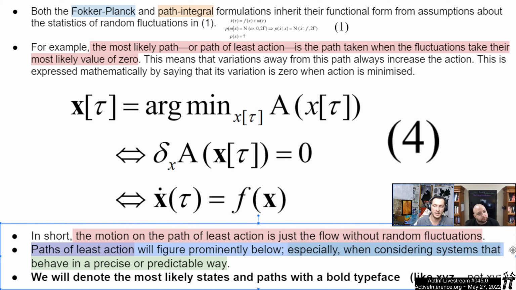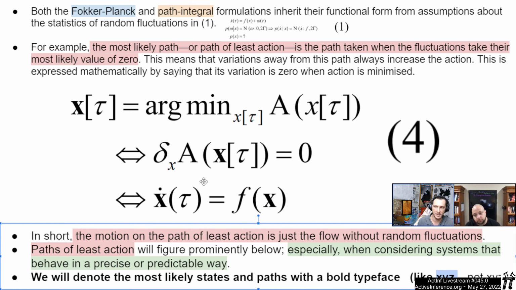Especially when considering systems that behave in a precise or predictable way. We will denote the most likely states and paths with a bold typeface. It can be a little subtle sometimes, so we'll try to clarify notation, but this is like a bold X. A bold X through T is the minimization of that unbolded function with respect to the action A of those states through time.